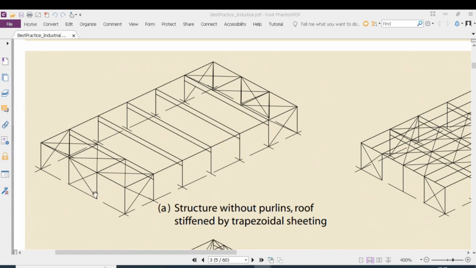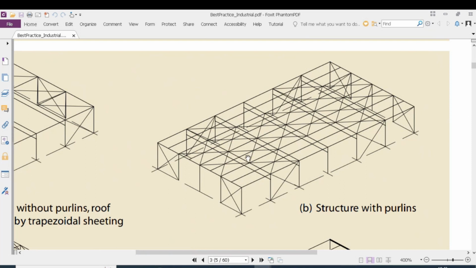As we can see in this structure system, we have provided a braced bay in the in plane direction to take the lateral load down to the ground, and also a braced bay in the out of plane direction to bring the load down to the ground. Similarly, we can have multiple braced bays and also bays braced in the in plane direction.